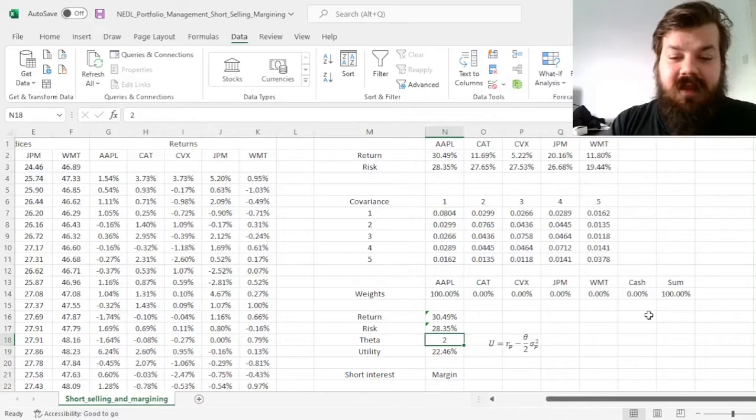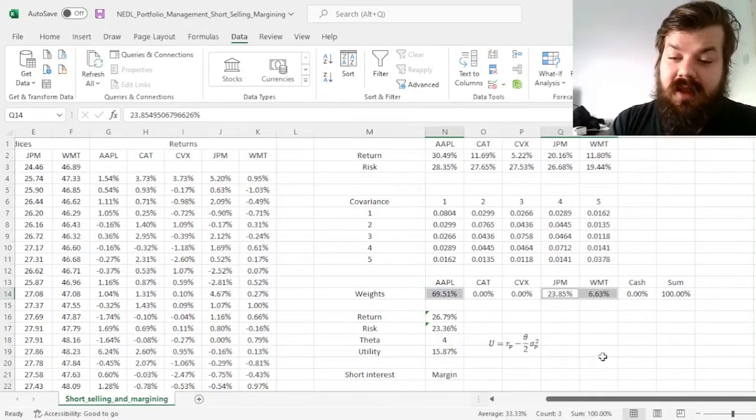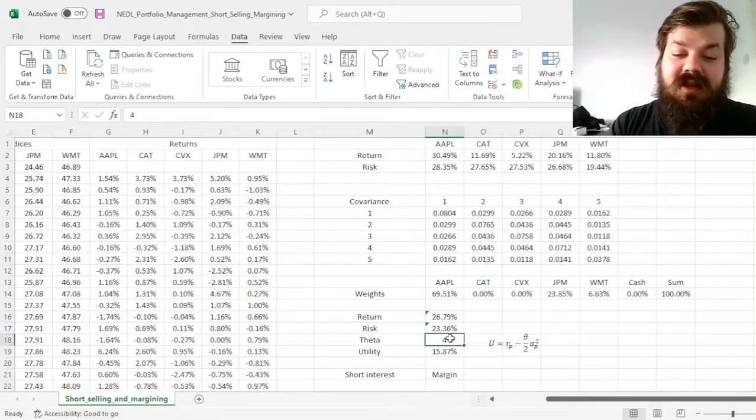However, if we include a theta of 4, for example, and run it once again, we'll be able to see that 100% allocation to Apple actually disappears.